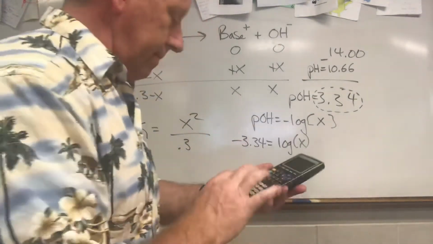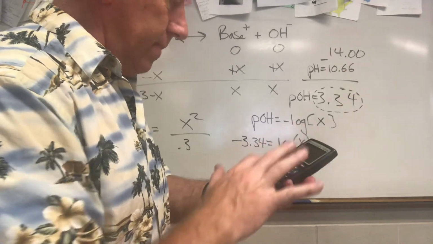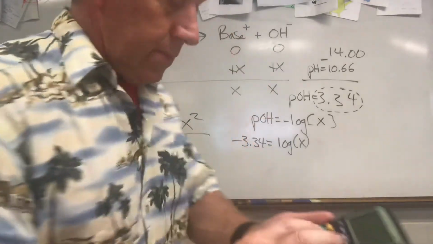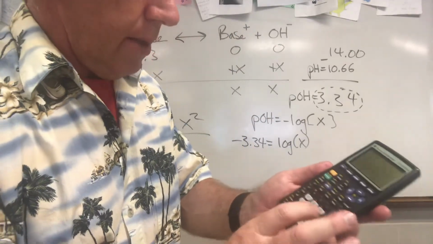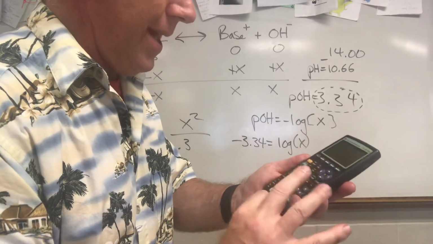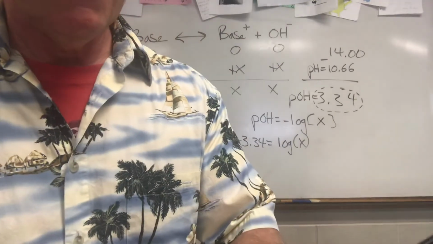Second function, log, negative 3.34, enter. We get 4.57 times 10 to the negative fourth.